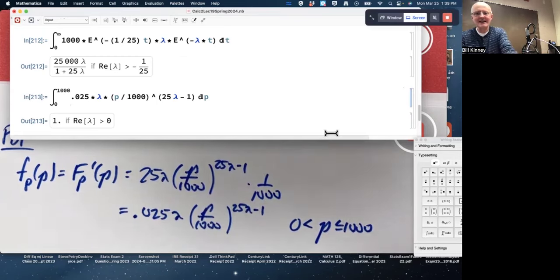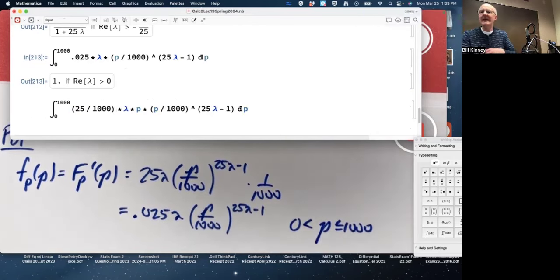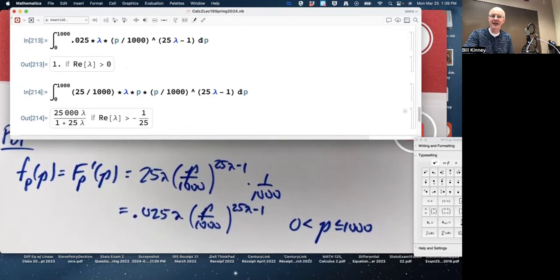What's the mean? I've got to multiply it by p before I integrate to find the mean. Now let's change this back to a 25 over 1,000 here. What's the mean? 25,000 lambda over 1 plus 25 lambda. We saw that just 15 minutes ago. Amazing.